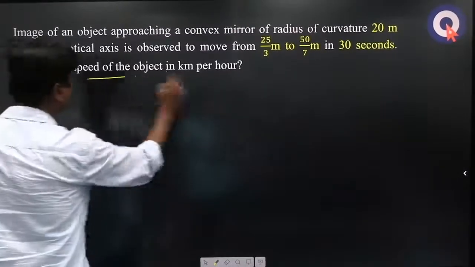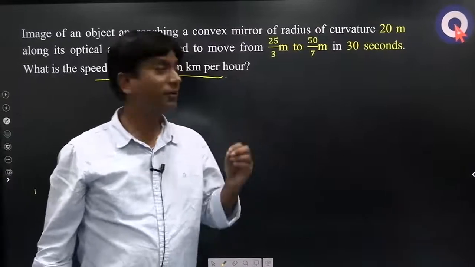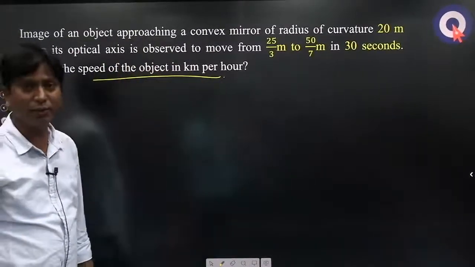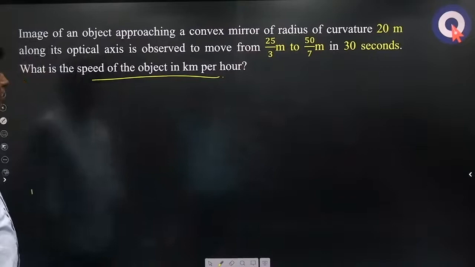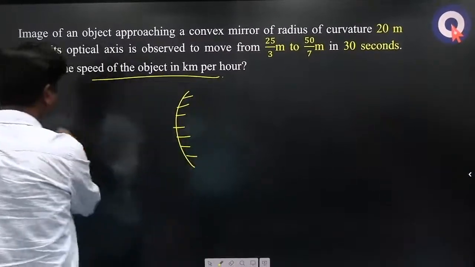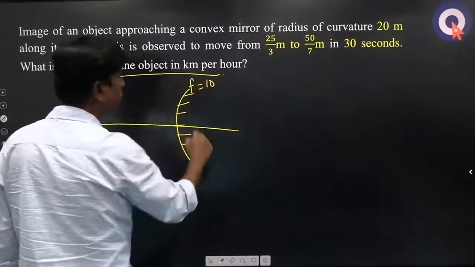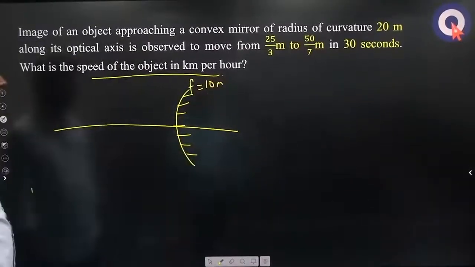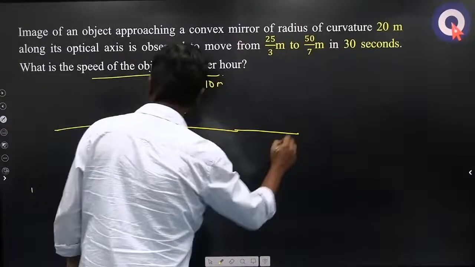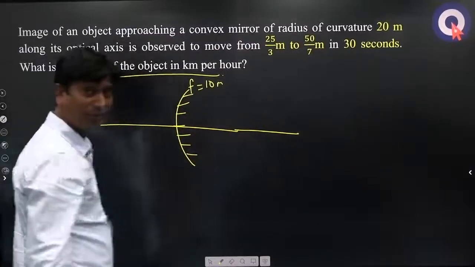So actually the object is moving in front of the convex mirror, right? Assuming this is a convex mirror, radius of curvature 20, so focal length 10 meters. Whenever you have a real object, you are going to get a virtual image first of all.